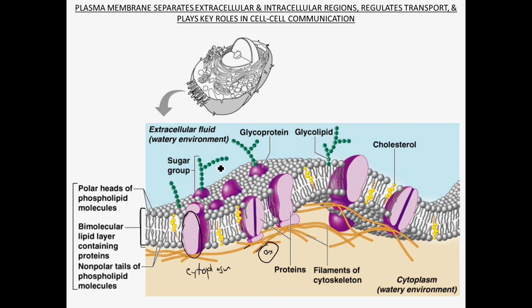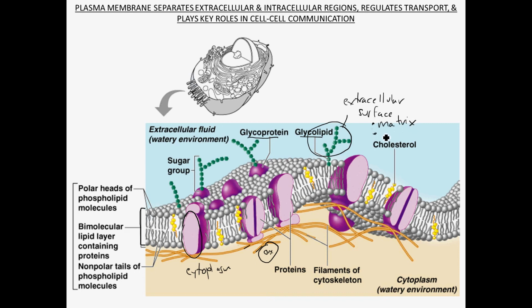And on the outside of the membrane, it looks different. On the outside of the membrane, you have these proteins that are spanning that membrane, and you have glycoproteins and glycolipids. And these things, these green things here, help to make up the extracellular surface of the cell. And so these things will play a role in making up the extracellular matrix.